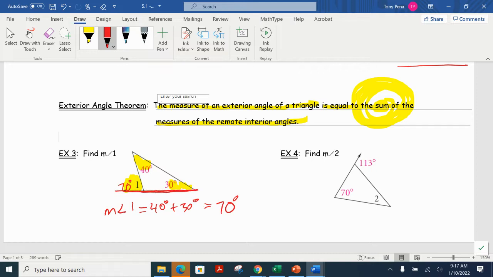So we talked about a linear pair. If this is 70, what would this angle right here have to be, Armando? Yeah, because that has to add up to be 180, right? So this would have had to be a 110-degree angle. Doesn't 40, 30, and 110, don't those have to add up to be 180 as well? Okay, so we're checking all of those boxes there, putting all that stuff together.